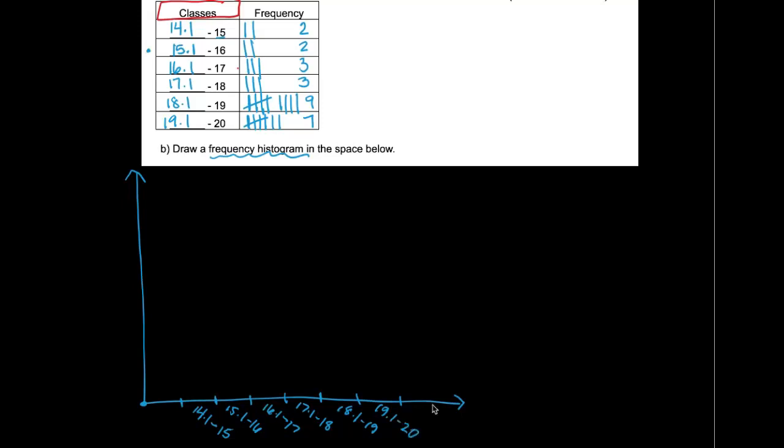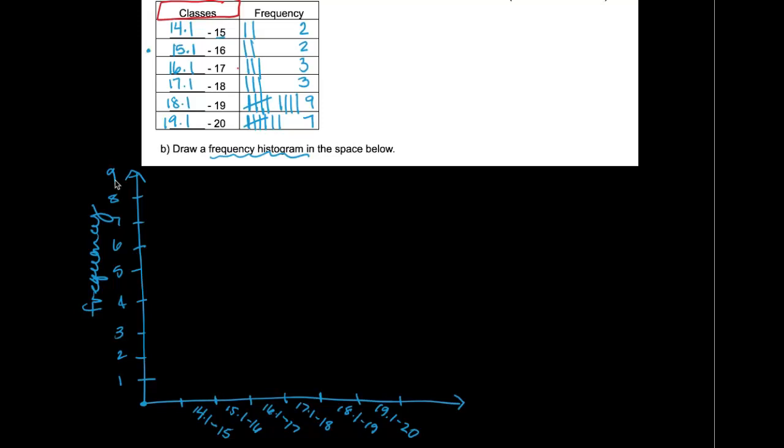Now that I have all my classes, I'm going to write the frequency on the vertical axis. Since my frequencies go from 2 to 9, I'll start at 0 and go all the way up by 1s: 1, 6, 7, 8, and then 9. Okay.